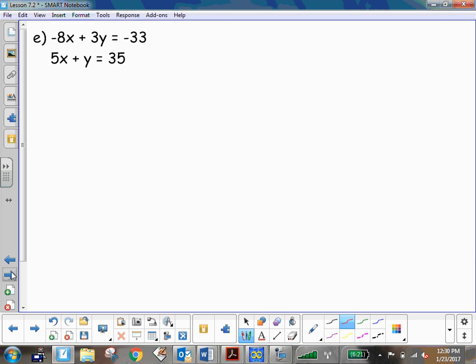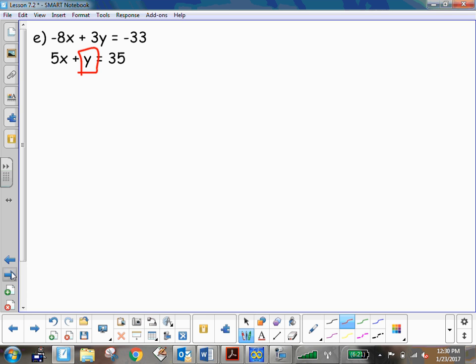All right. Here it's a little bit different because I didn't define what y is. Which one would be the better equation to solve for a variable? And which variable would you solve for? Which one has a coefficient of 1 already there? The second equation. Y, right? Here's where we have a coefficient of 1y.